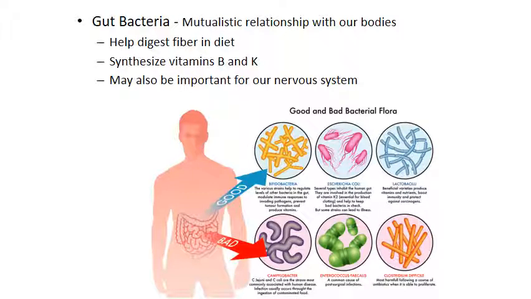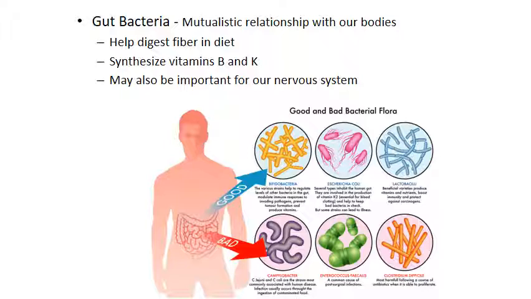The gut bacteria, we have a mutualistic relationship with the bacteria living inside our body, so especially inside our intestines. So the good bacteria allow us to break down the food that we would not be able to break down on our own. So they help to digest fiber in our diet.